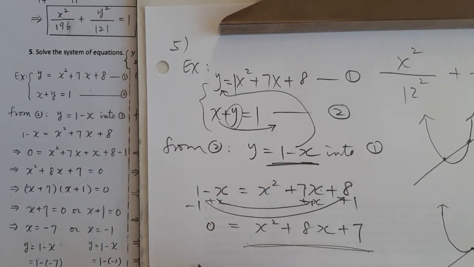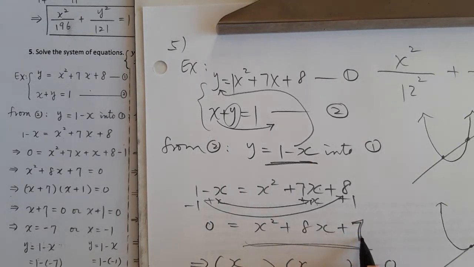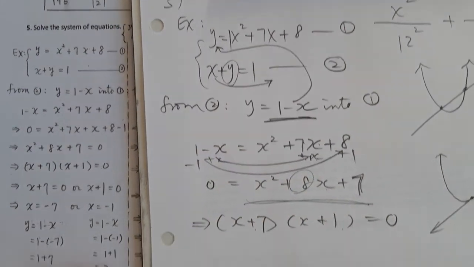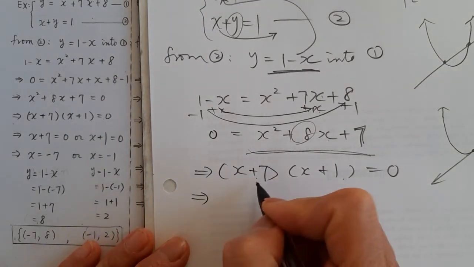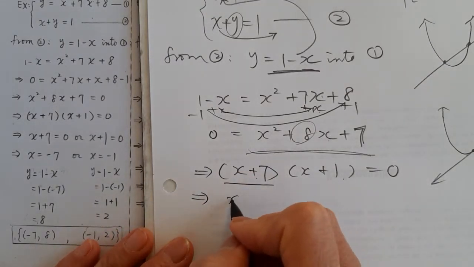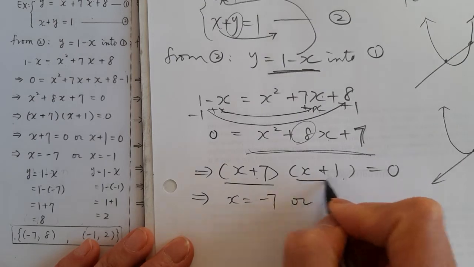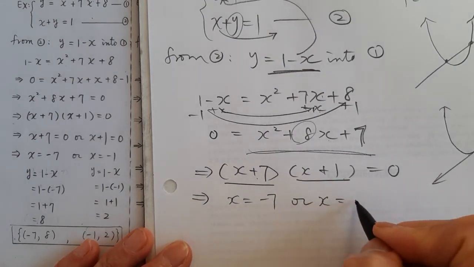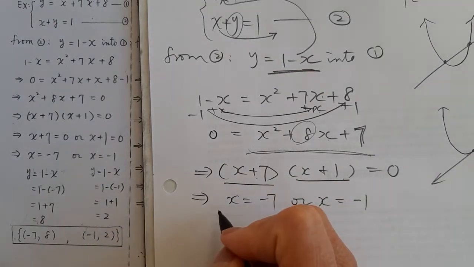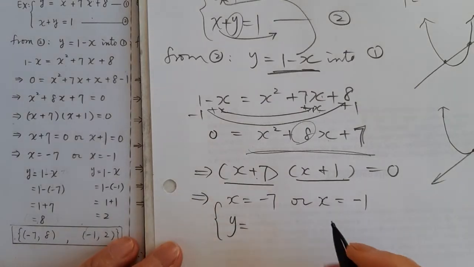And this one you can factor. You need to find two numbers that multiply to 7 and add up to 8. 7 and 1 add to 8. So either x plus 7 equals 0, so x equals negative 7, or x plus 1 equals 0, so x equals negative 1. And then figure out the y.